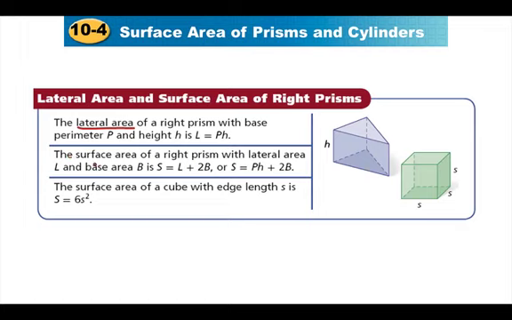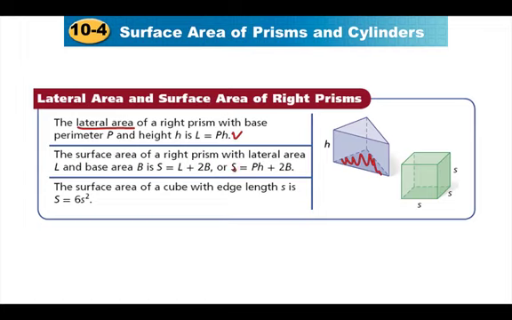Now, the surface area, which is all the faces of the right prism, with lateral area L, which you already know from here, and base area B, is S equals L plus 2B. Why two? Because you have a bottom base and a top base.